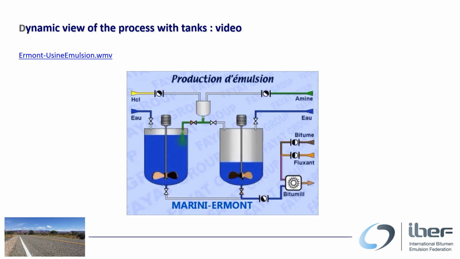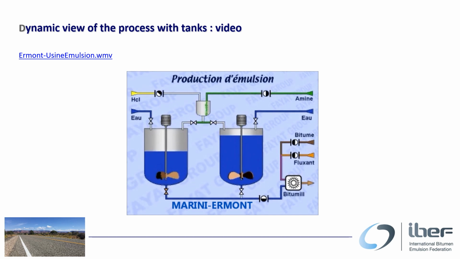For every tank produced, the pH has to be checked. While we switch from tank to tank, production of emulsion is continuous. The mill and the dosing pumps are running without any stop.